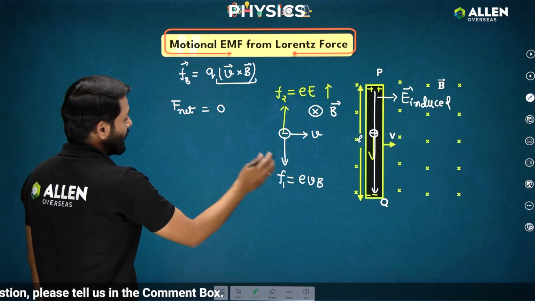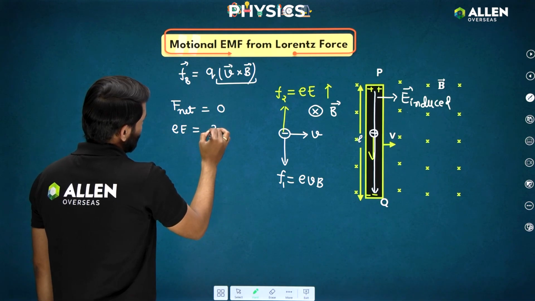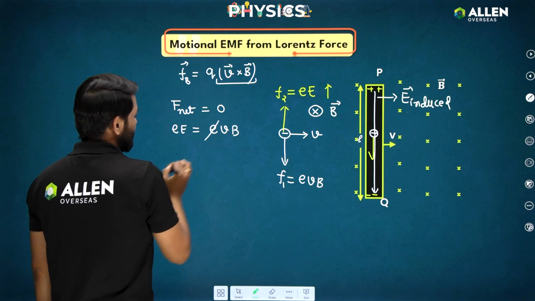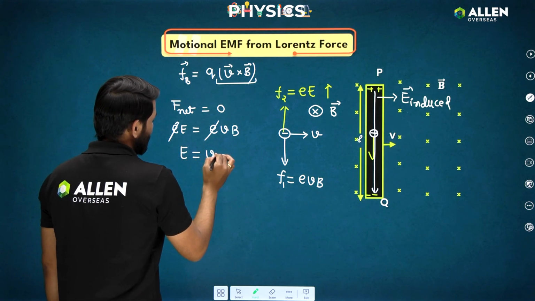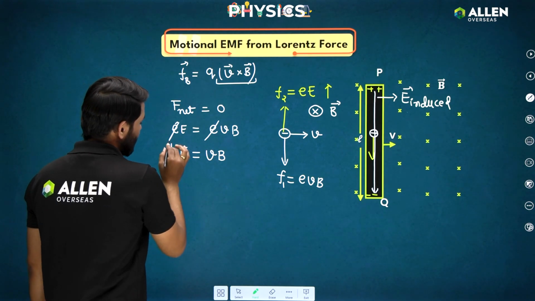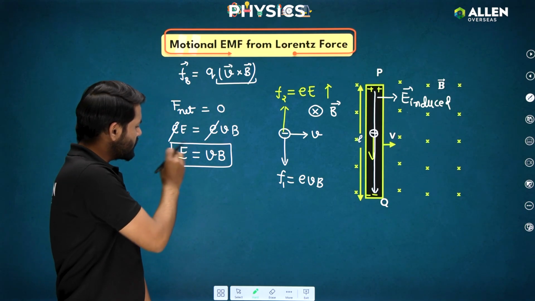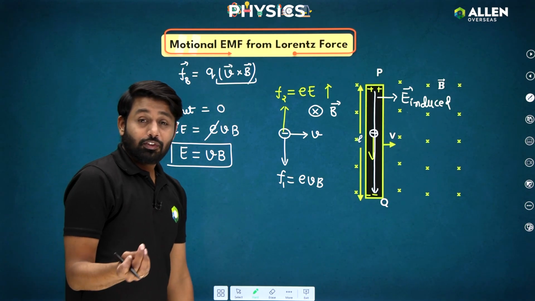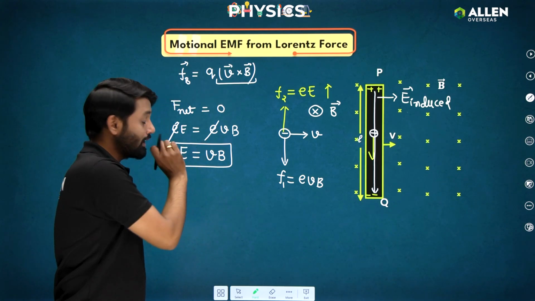So we can equate these two forces. So e into E is equal to e V B. This e cancels. So E is equal to V into B. Is that clear? This is the induced electric field. If there is an electric field, then we can easily find the potential or EMF because of this electric field.